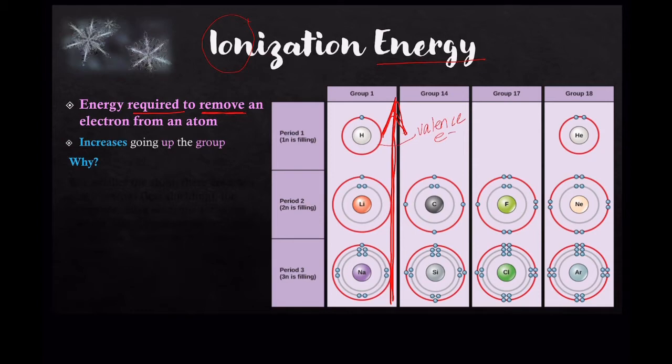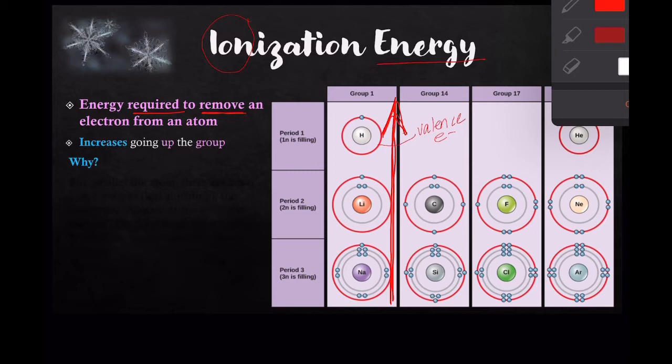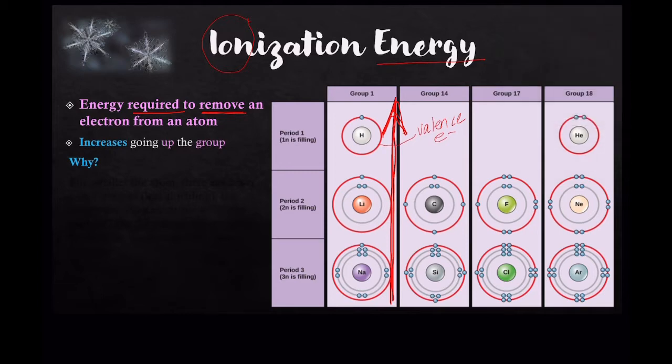The gray energy levels, so here and here, represent the part of the electron cloud where the core electrons are. So not the valence electrons. So again, as we go up the group, notice how the nucleus gets closer and closer to the valence electrons.